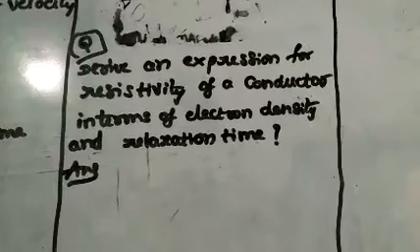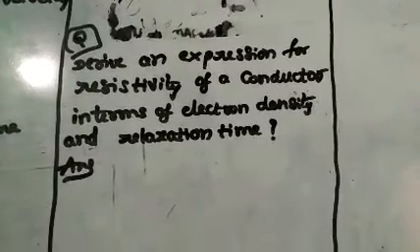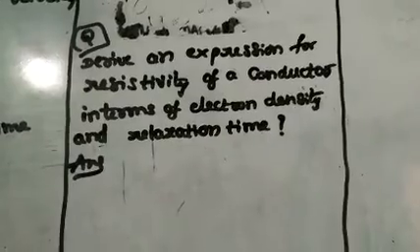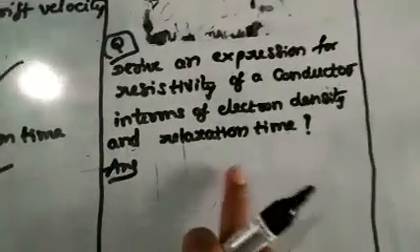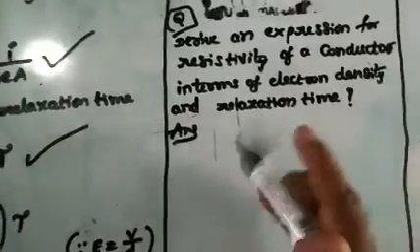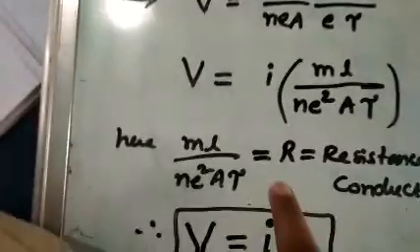One more question I am explaining. Derive the expression for resistivity of a conductor in terms of electron density and relaxation time. Everyone just remember, if this question is given, see how I am explaining it. Just now I explained one concept here.